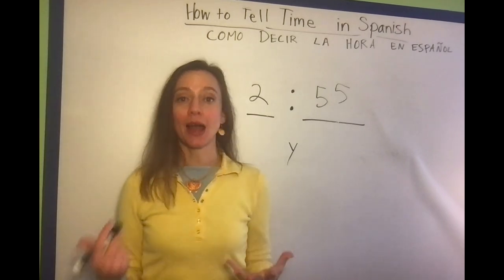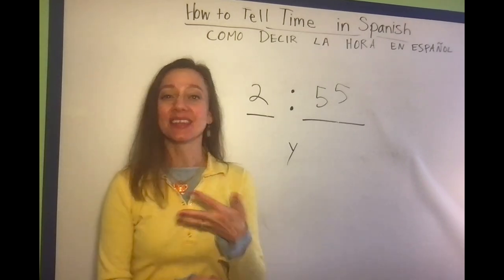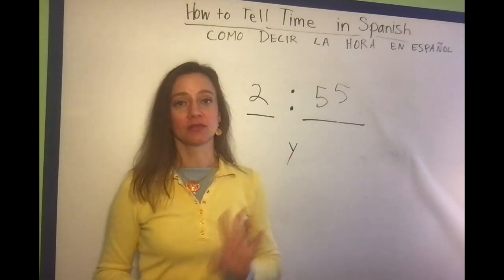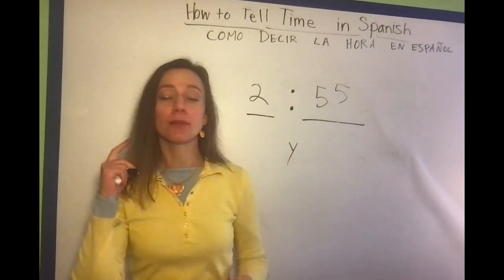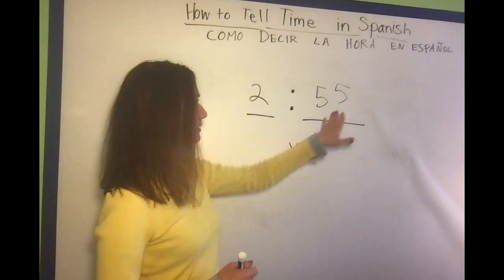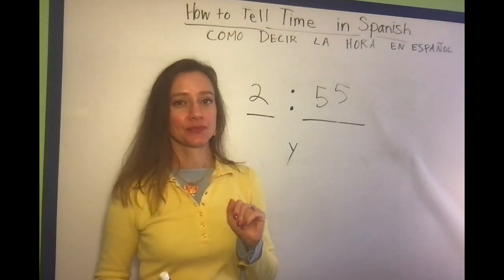If you just want to know how to say time the easiest way possible, the most basic way, that's all you have to do. That's all you need to learn. You just need to know the numbers 1 through 59, say the hour, and then the minutes.